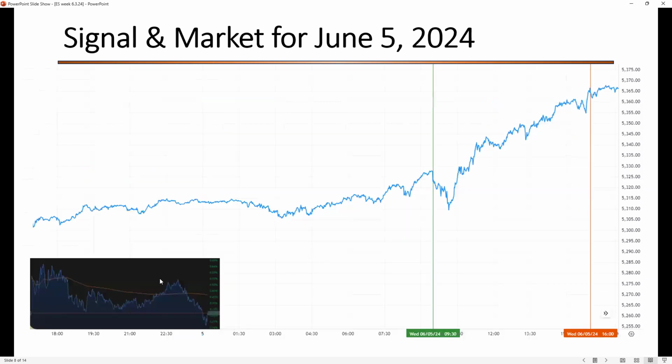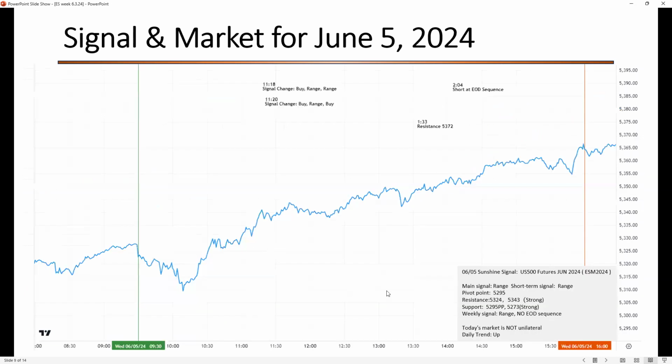For Wednesday, the reference chart is showing a couple of long and short opportunities. The pre-market signal remains triple range, and I moved the signal back to over here because if I put it here, it would have covered up our graph.